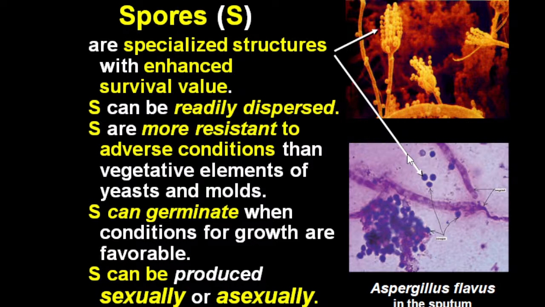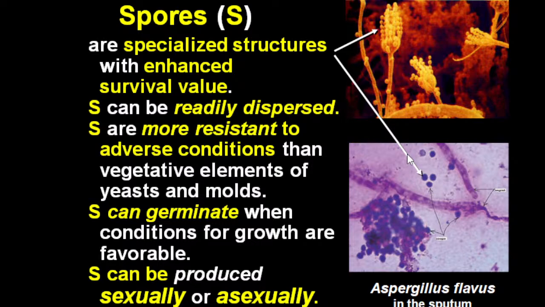they are specialized structures that also enhance the survival value of the organism. They can be readily dispersed and they are more resistant to adverse conditions, but they are also used for reproduction, because one single organism may produce billions of spores in its life, right?